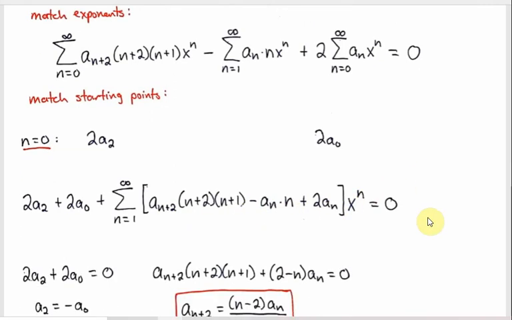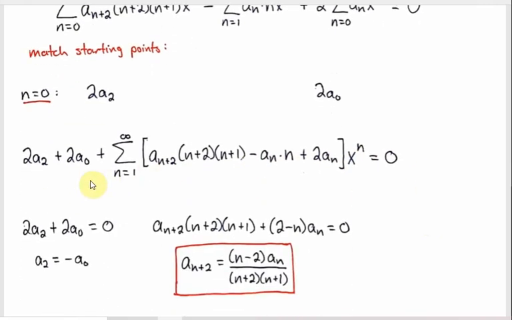Then that would mean that this constant out here, because that's really what this is, right? It's just some constant term that's got to be 0. So a2 has got to be negative a0 for that to work. Then this coefficient here has also got to be 0. So let's see. I combined terms here because I have the two a sub n terms, and I just said, okay, plus 2 minus n times a sub n.